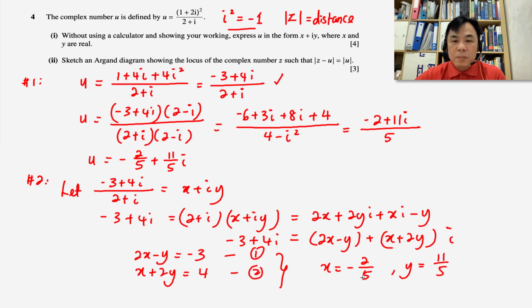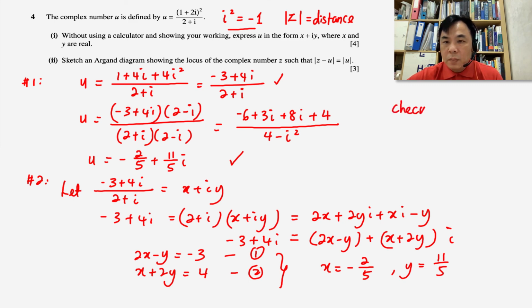Therefore, from here, we can conclude that u can be written in the rectangular form x plus iy there. Okay, now before we move on to the second one, just let me quickly check if that is correct or not. All right, now let me remove this section here. I'm just going to do a bit of checking here.